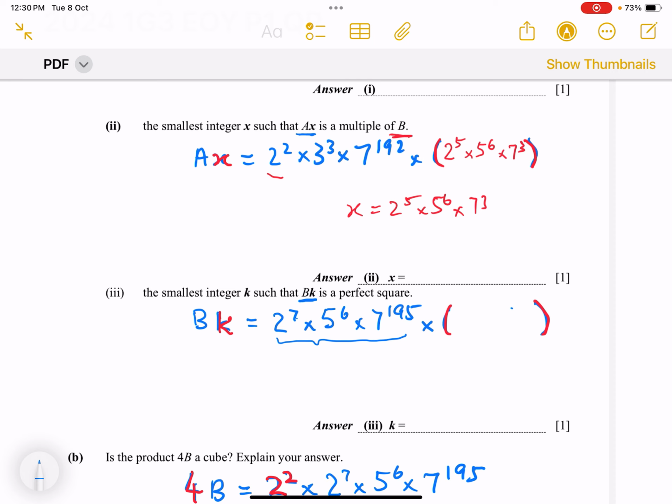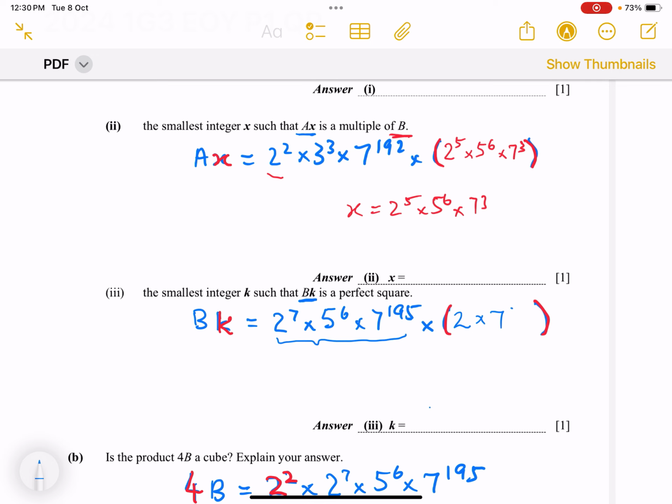Currently the power of 2 is odd, so we need to introduce another 2 to make it to the power 8. 5 to the power 6 is already an even power, but then we need another 7 to create a 196, an even number.